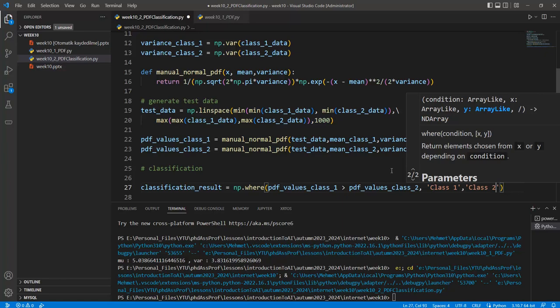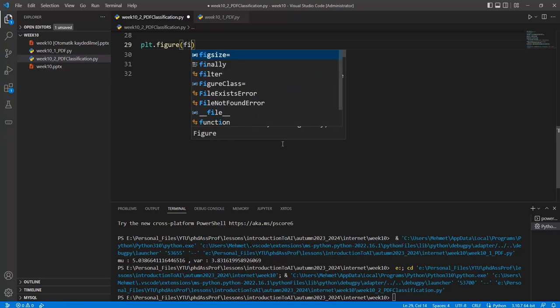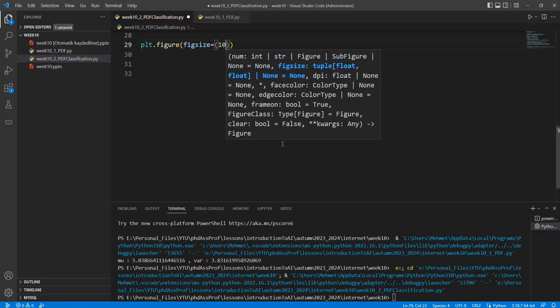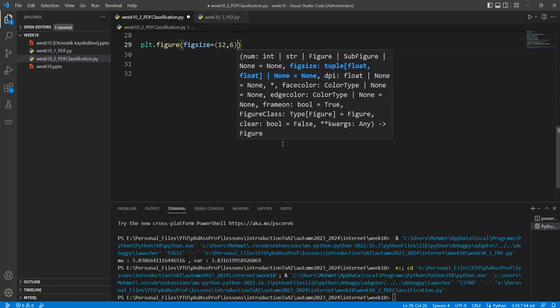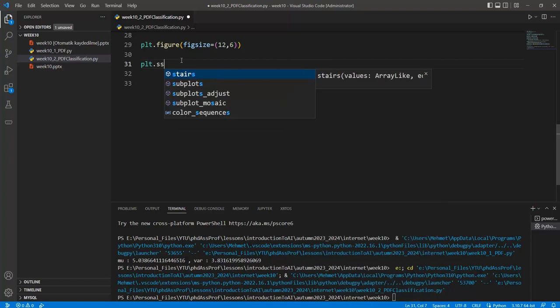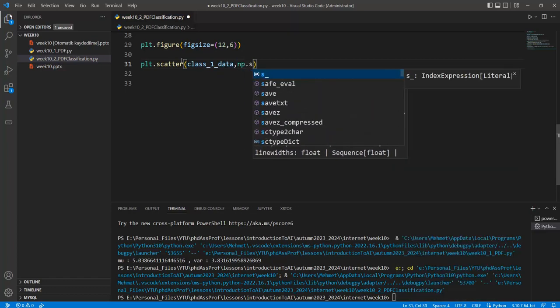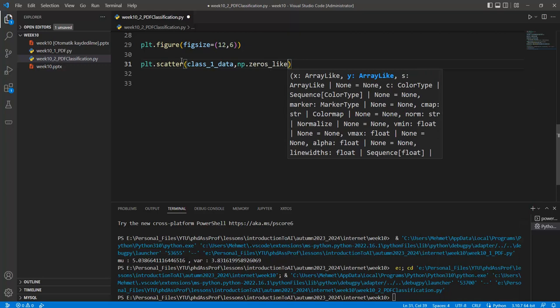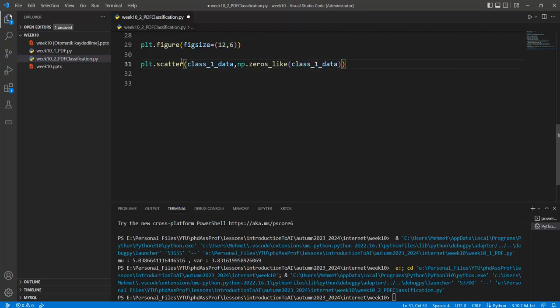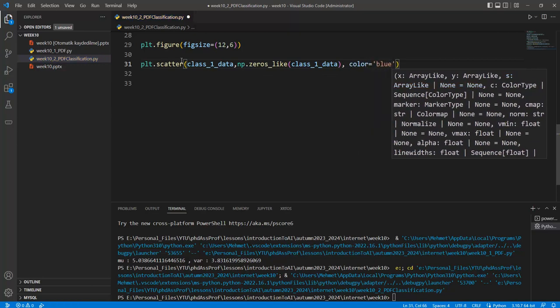So plt.figure with figsize equal to 10 and 6, or 12 and 6. Okay, and plt.scatter must be used in this case because we have 2-dimensional data: class 1 data, np.zeros_like class 1 data, and color blue, right?